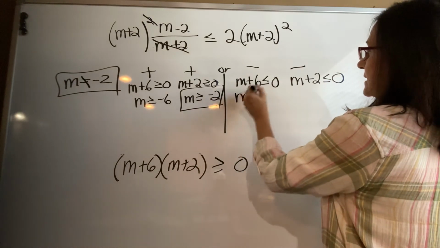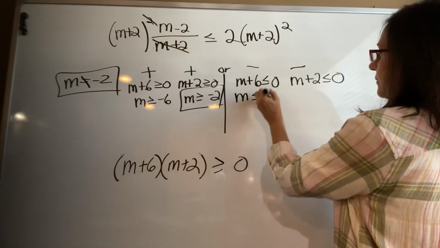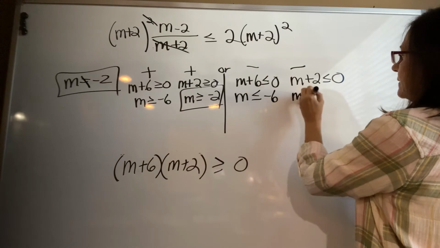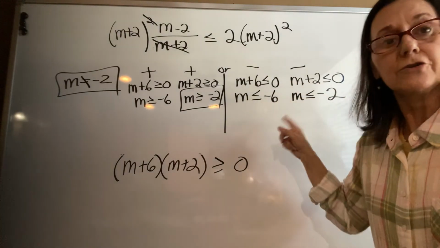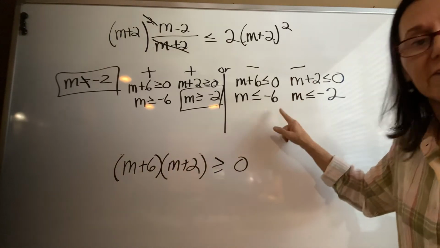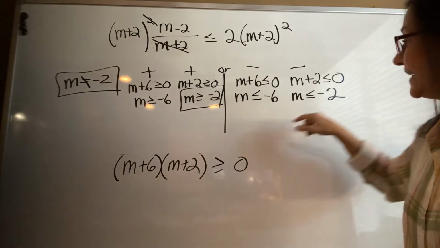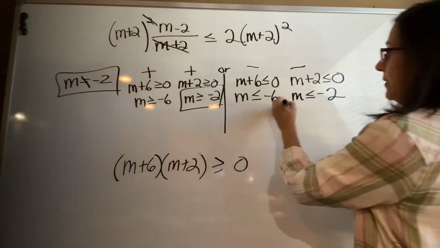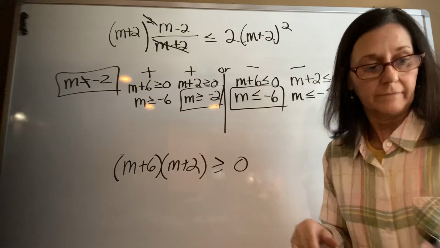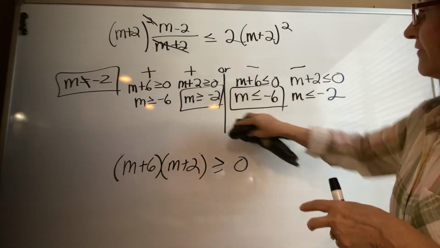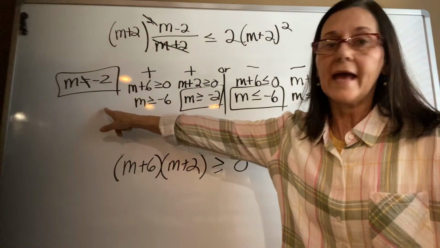On the other side, it's m less than or equal to negative 6, m less than or equal to negative 2. On this side, you're choosing the smaller value because every value less than negative 6 is also less than negative 2, and it has to satisfy both of them. Now, reminding myself, m cannot equal negative 2.